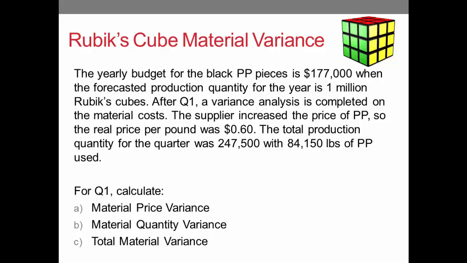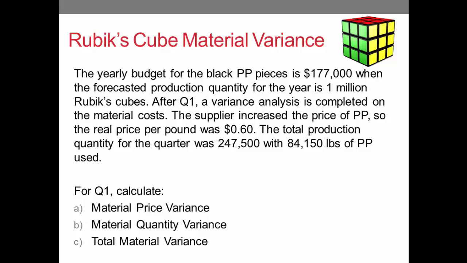The yearly budget for the black polypropylene pieces in a Rubik's Cube, back to the Rubik's Cube example, is $177,000 when the forecasted production quantity for the year is 1 million Rubik's Cubes. After quarter 1, a variance analysis is completed on the material costs. The supplier increased the price of polypropylene from what we budgeted, so the real price per pound was 60 cents.